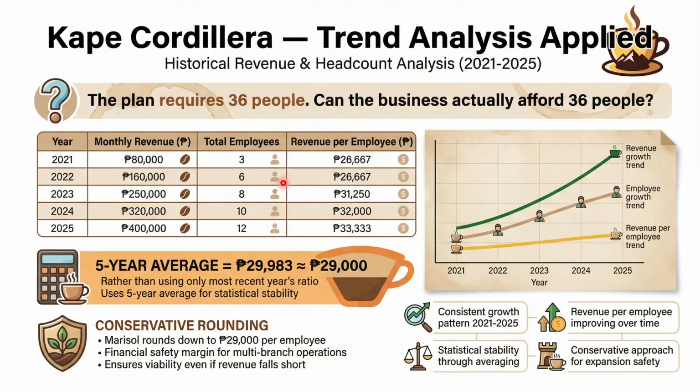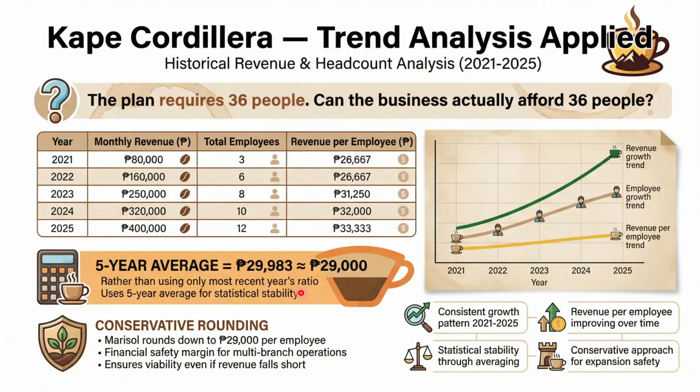Yan yung ratio. And in-average yan in a 5-year period kasi mas conservative. Mas maganda na i-base natin yan sa 5-year average, not just on year 5. Okay? Para ma-smooth out natin yung year-to-year fluctuations and provide a more reliable benchmark.